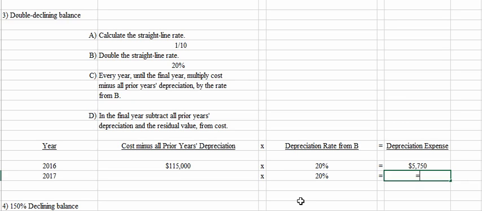So we want to say for year 1, 115,000 times our rate of 20% times 9 months divided by 12. So there's year 1's depreciation. Then we want to add in year 2. Well, that's going to be, figure out this amount first.